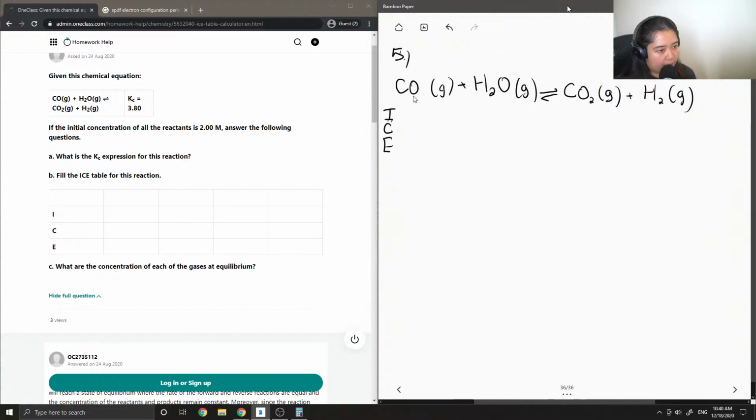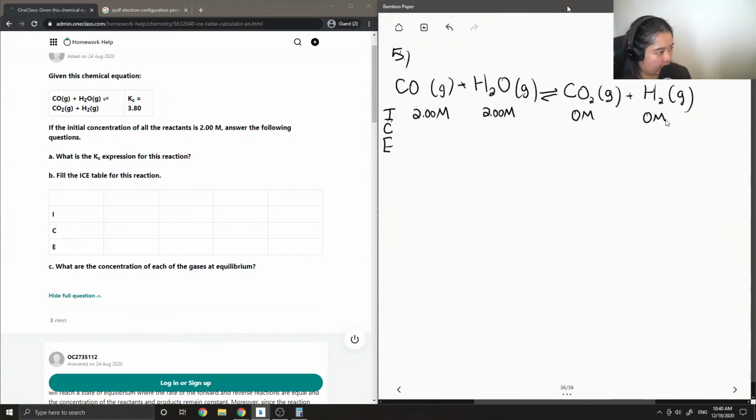So they gave us the initial concentration of all the reactants, which is 2 moles per liter. So both water and carbon monoxide will put 2.00 under its initial concentration. And the initial concentration of our products, obviously we both just have 0.